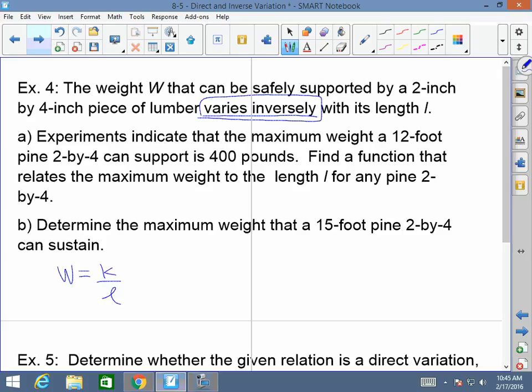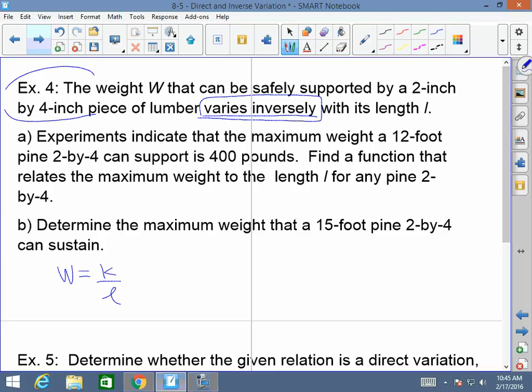I'm going to stop right there because if you don't know how to do that first part, the rest is literally almost impossible. Does everyone see how I got that from that first statement right up here? The weight W can be safely supported by a 2 by 4 piece of lumber, varies inversely with its length.